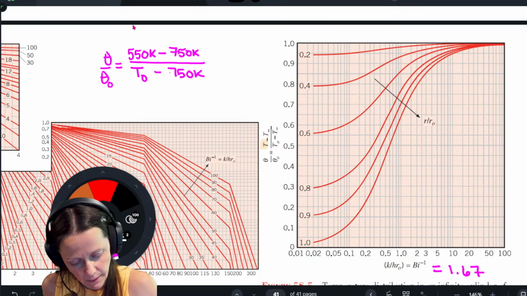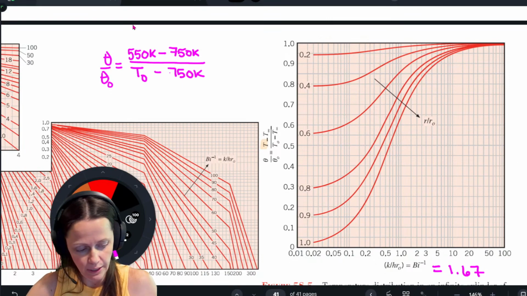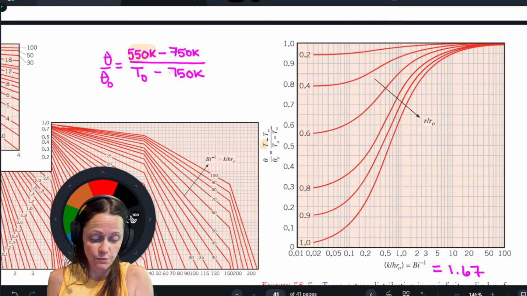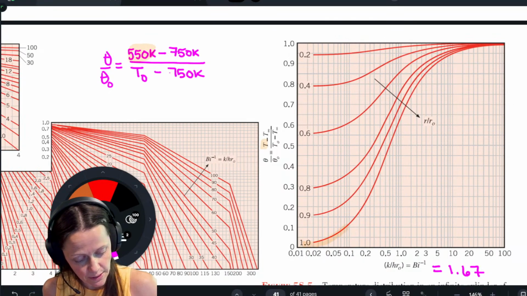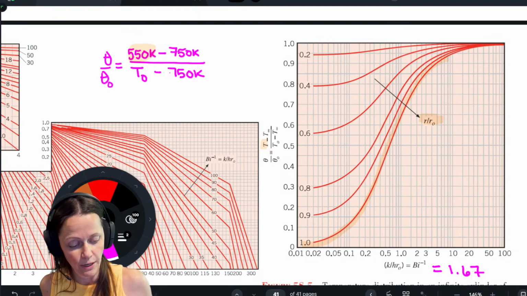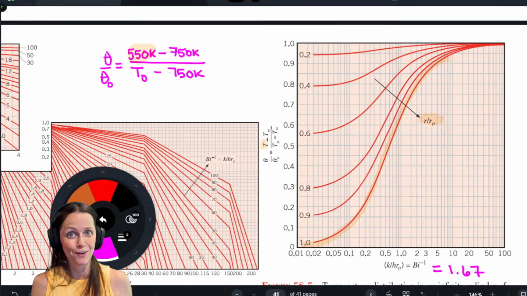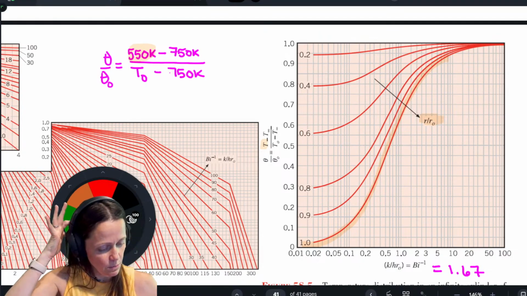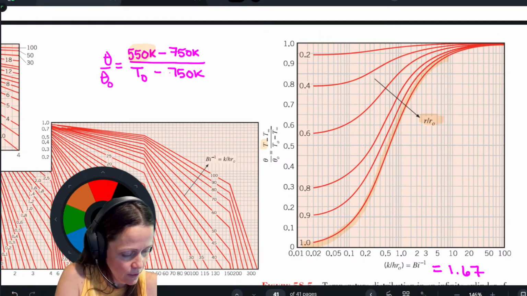This temperature right here, we're defining at the surface. So the line that I'm going to be looking at, R over R naught, is going to be R naught over R naught, which is 1. So let's see if I can do it. My inverse Biot number is 1.67.